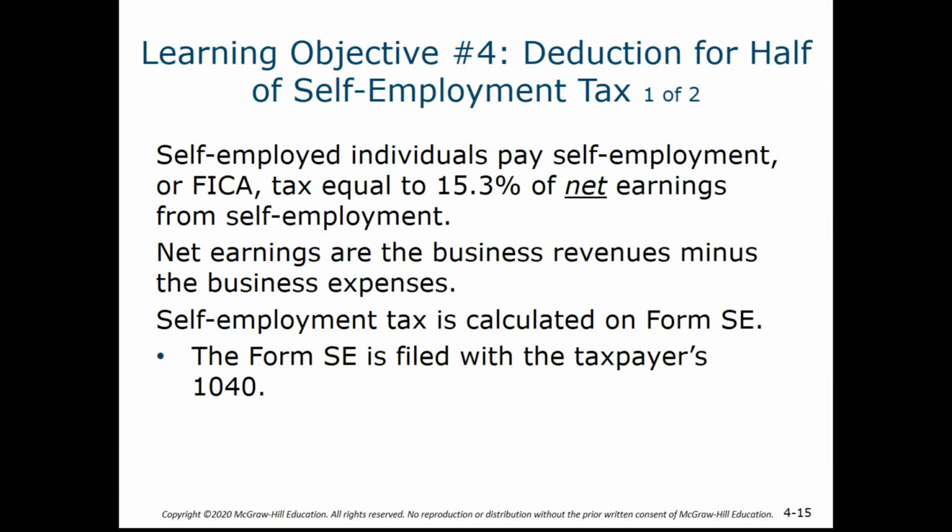Another deduction above the line for AGI is the ability to deduct half of self-employment tax, and self-employment tax generally relates to Social Security and Medicare.